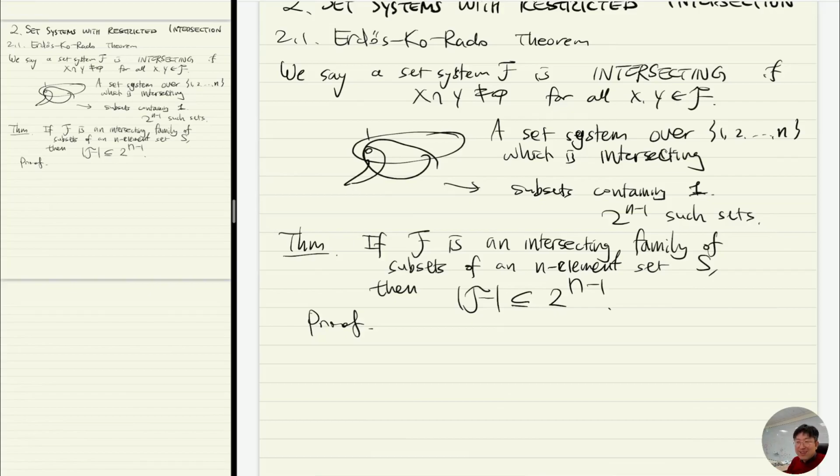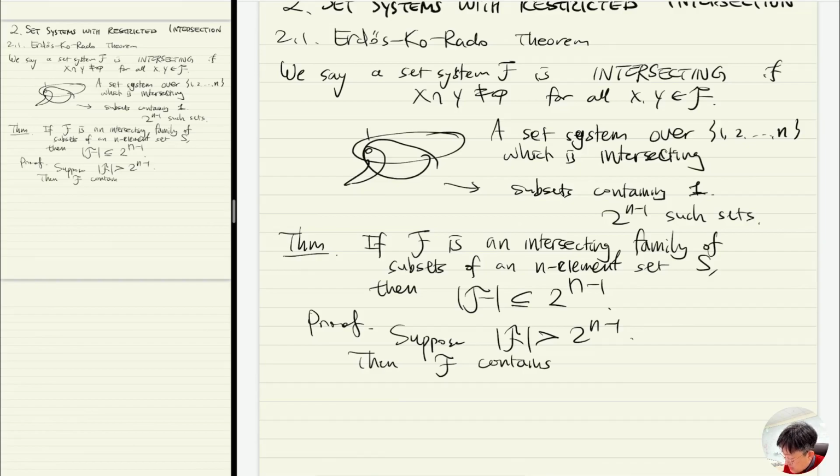Maybe it took longer to actually write down the theorem than to figure out the proof. Why? Because there's a pair, right? Suppose it's bigger than that, then F contains a pair X and Y where Y is equal to S minus X. Y is the complement of X, right?